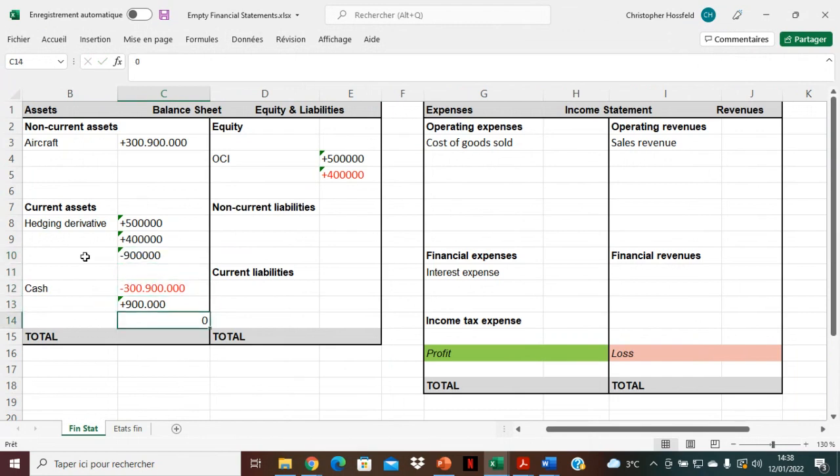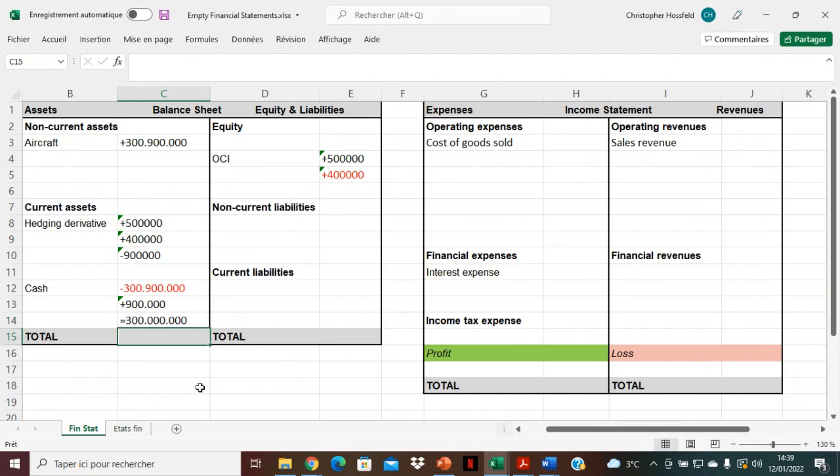Now you see the reason why we actually did this hedge, because now my total cash outflow is only 300 million on a net basis.